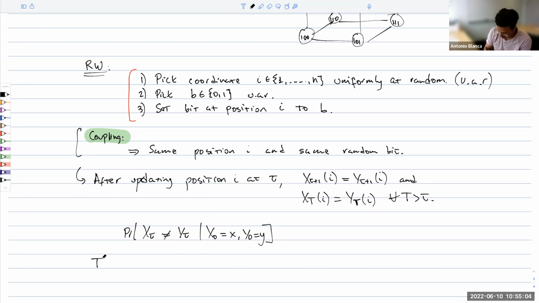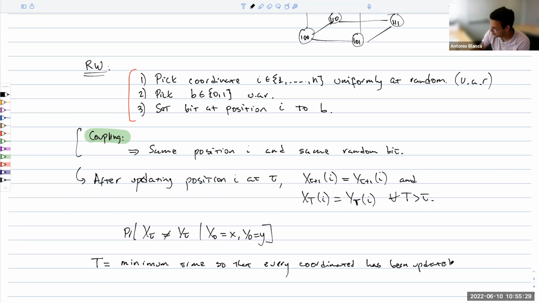Well, if we let T to be the minimum time so that every coordinate has been updated, right?